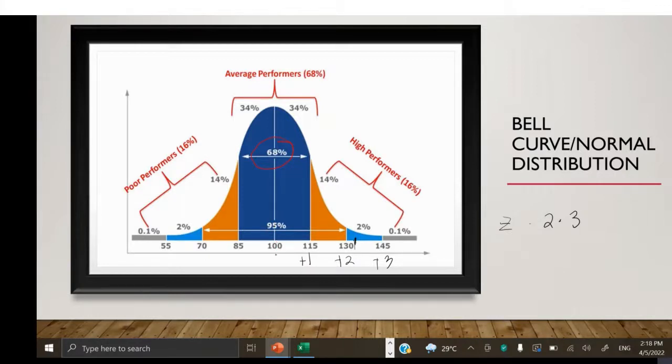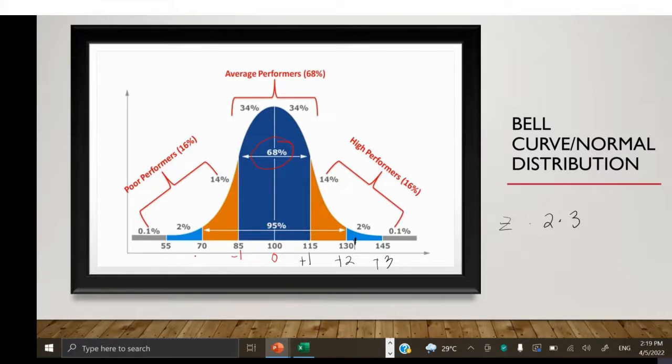This is a standard deviation of 0. Now, if your IQ is between 100 and 115, that means you are within the first standard deviation above the mean of 100. So that is positive 1. Now, if your IQ is below 100, between 100 and 85, your IQ is within the negative 1 standard deviation.